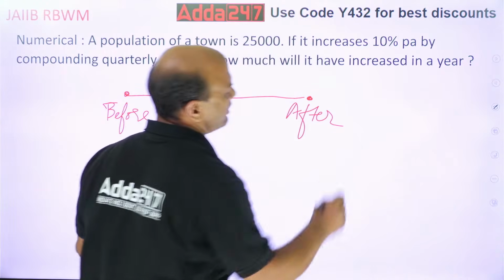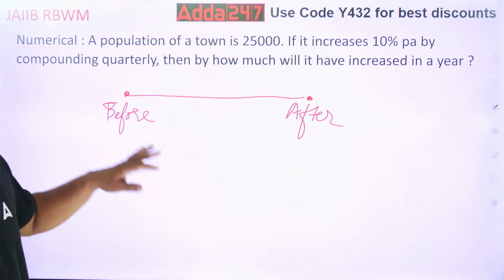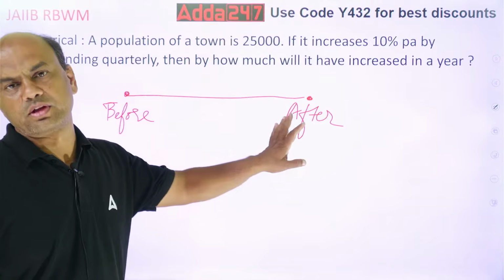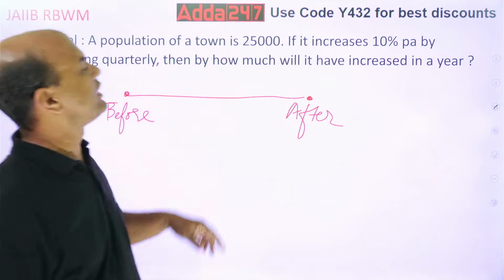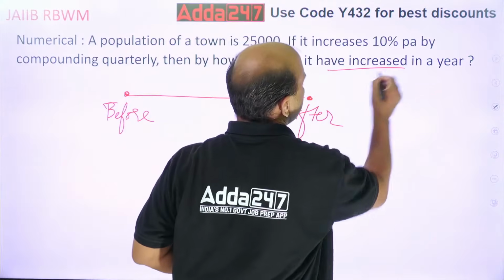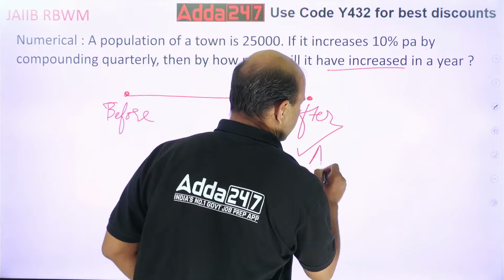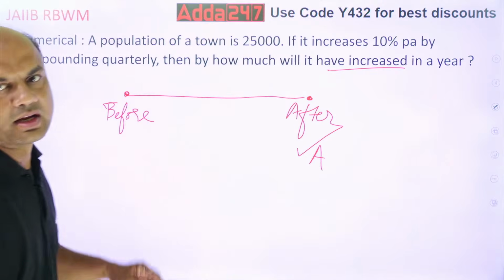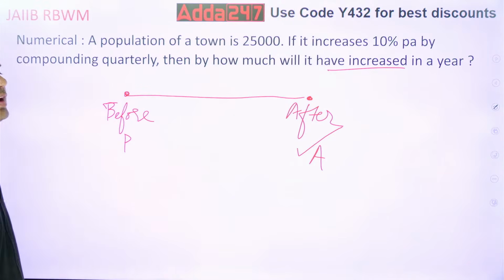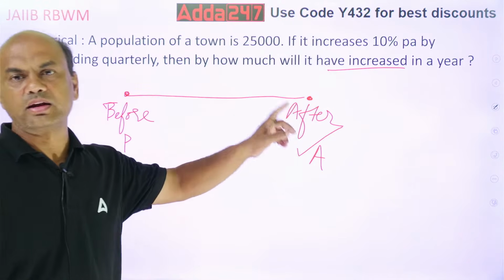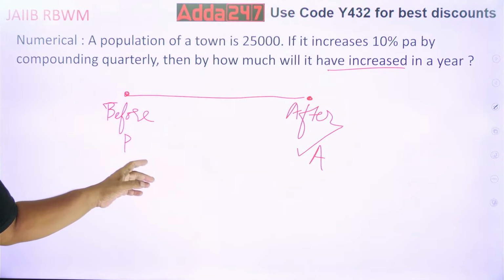Always in the exam, focus on the question. Are they asking you before or after? Here they are asking how much it will have increased in a year, so they are asking after. If they are asking after, it is A. And if they are asking before, it is P.